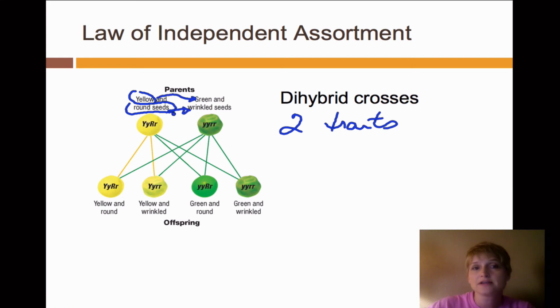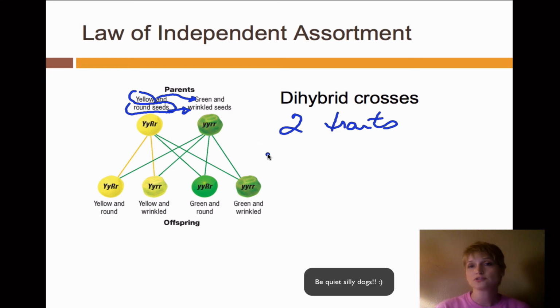Yellow and green and round with wrinkled. What this told him was that those traits are independent of each other. Just because you start with a yellow round seed doesn't mean that yellow and round are connected together. You can just as easily have a green round seed as a yellow round seed.